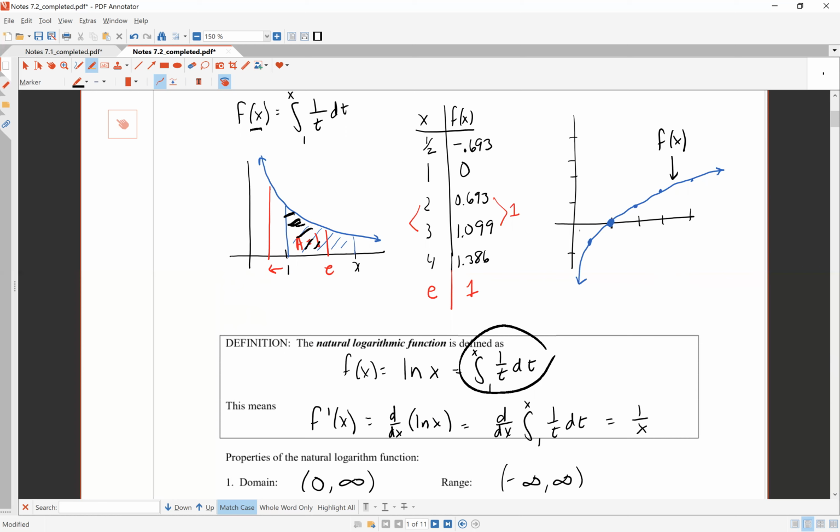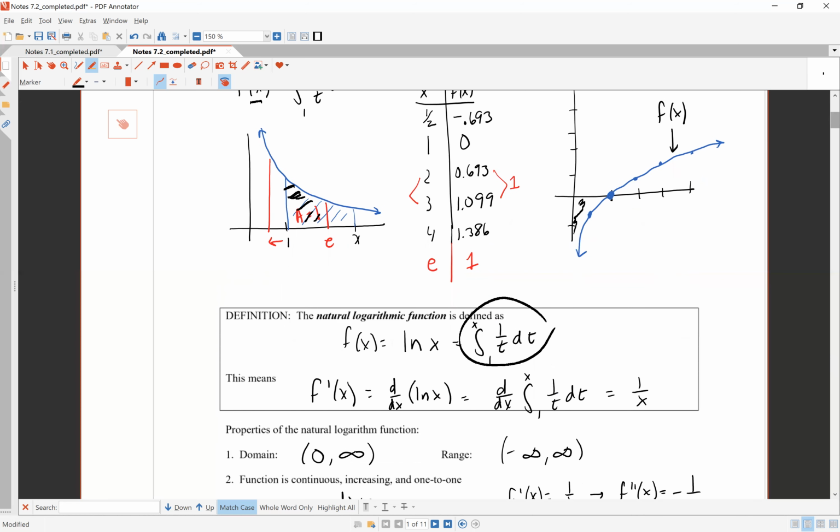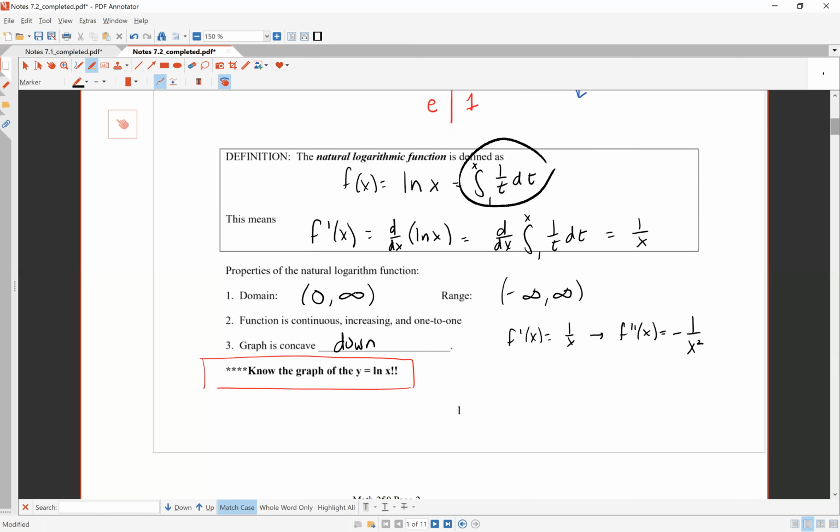So here the area is negative for x less than 1. As x gets closer and closer to 0, the area becomes negative infinity. We're not going to prove it, but the function is continuous.